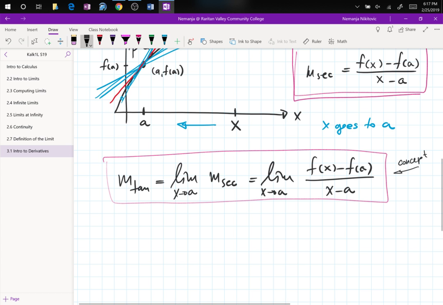So now, to fix this, we're going to say let x minus a be equal to h. That's a substitution. And now, plug in.